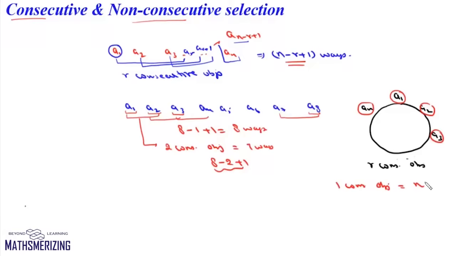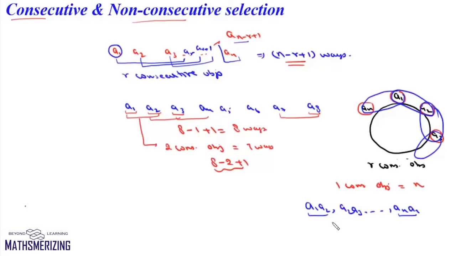Now what about two at a time? It'll start with a1 a2, a2 a3, a3 a4 and the last one will be an a1. So here it starts with a1 and it ends with an.